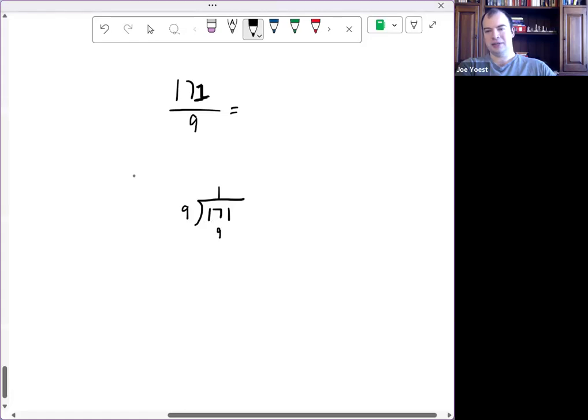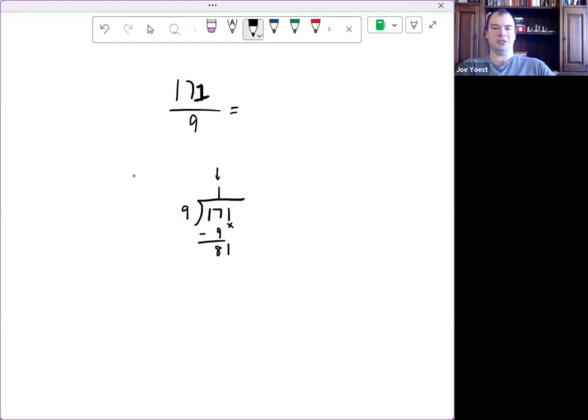1 times 9 is 9. And then I take 17 minus 9, which is 8. I bring down my next smaller place. I had 17 tens. I put a 1 up here in the tens place in the answer. So 10 times 9 is 9 tens. 17 tens minus 9 tens is 8 tens. And then I bring down the 1 from the ones place.